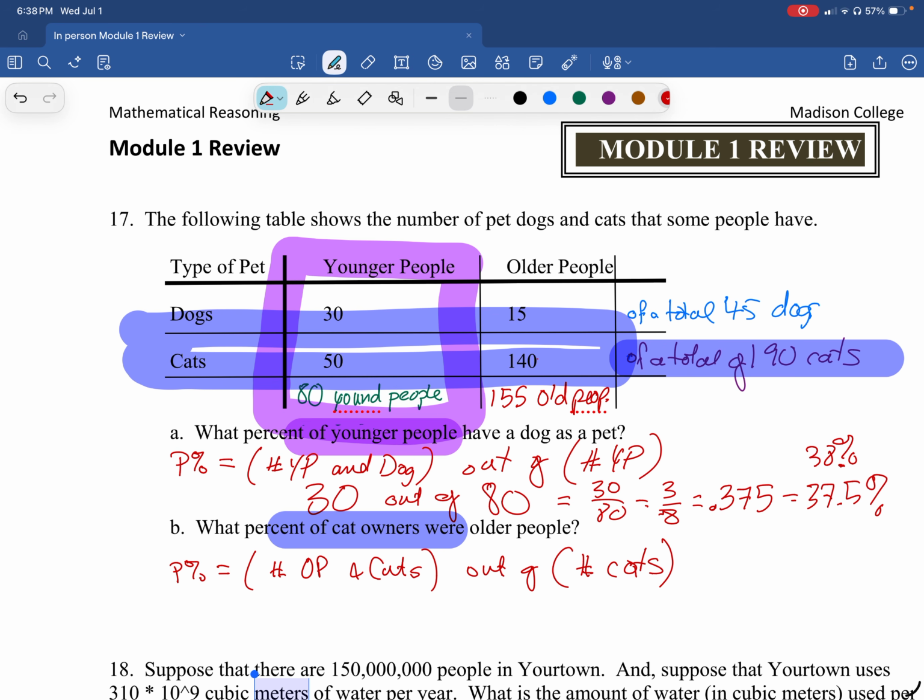So older people with cats is 140 out of the total number of cats, which is 190. So 140 out of 190 is 14 over 19. That one I do not know in my head. 14 divided by 19.